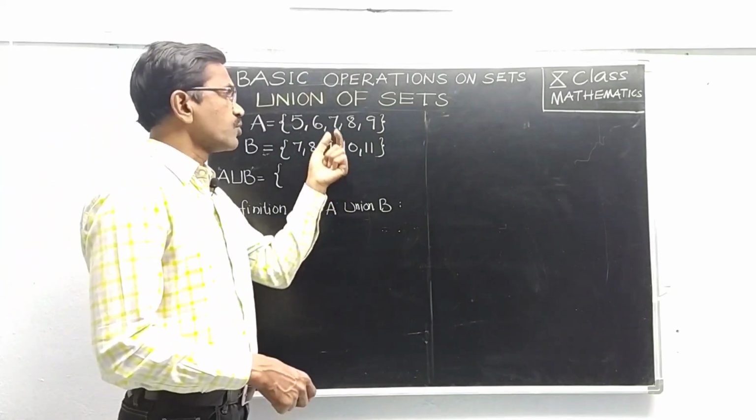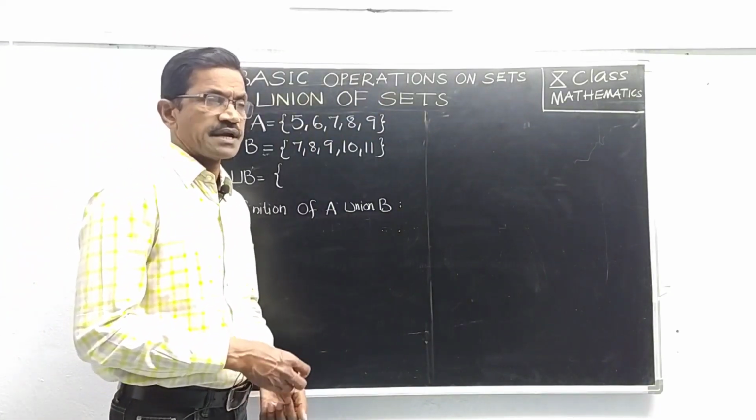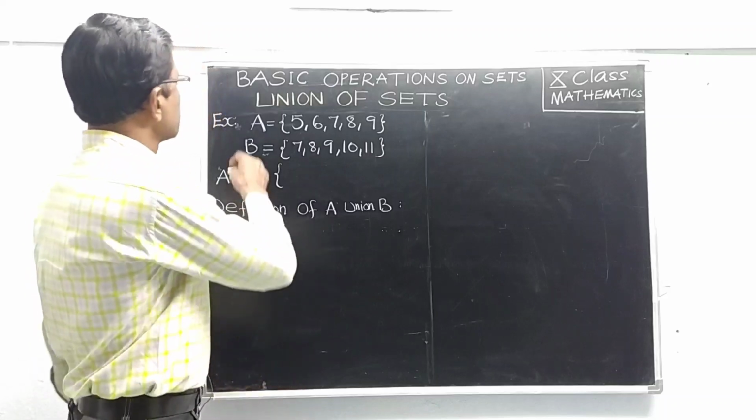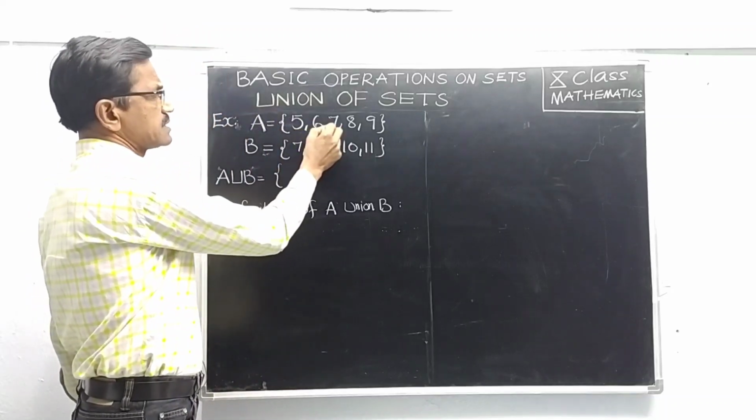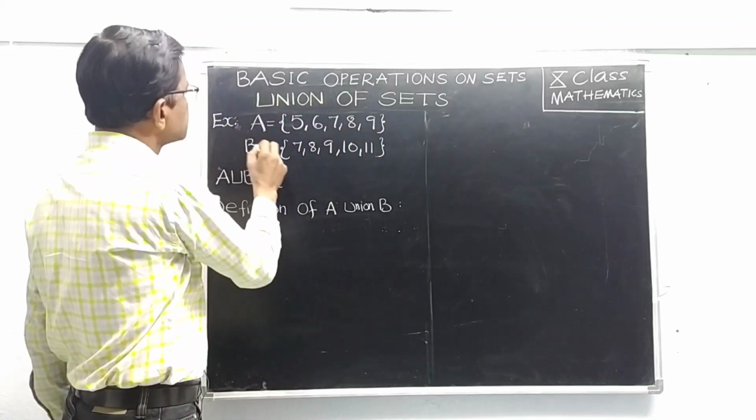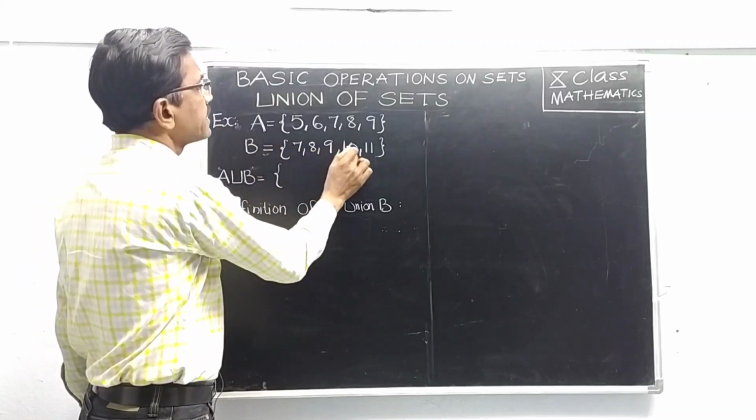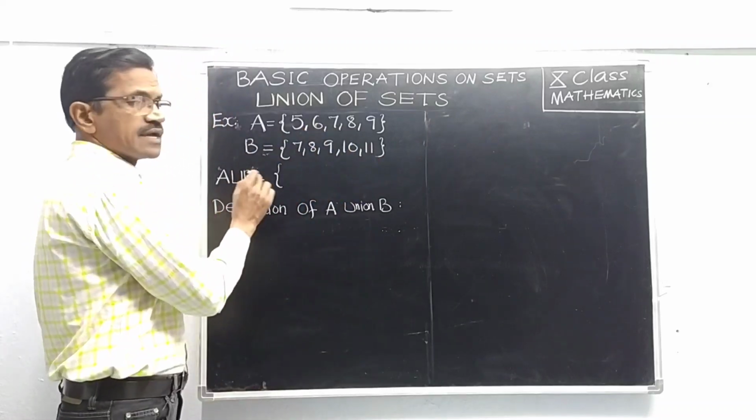Let us understand more about union of sets by taking some example. A is equal to 5, 6, 7, 8, 9, B is equal to 7, 8, 9, 10, 11. Then what is A union B?